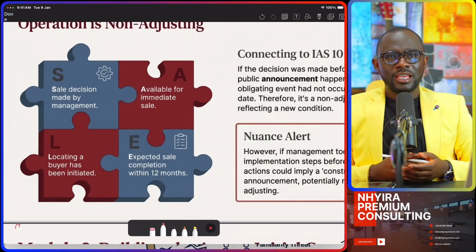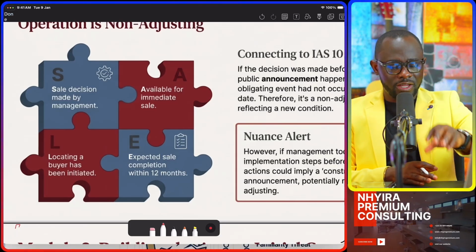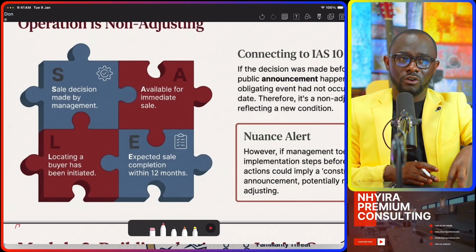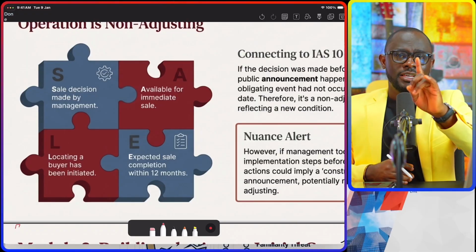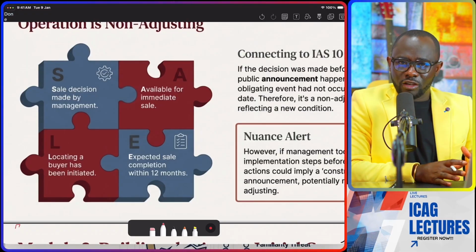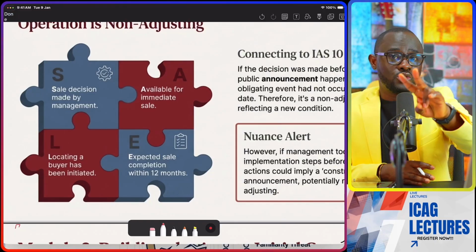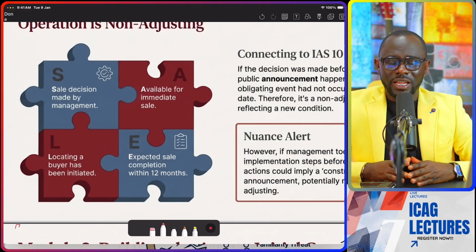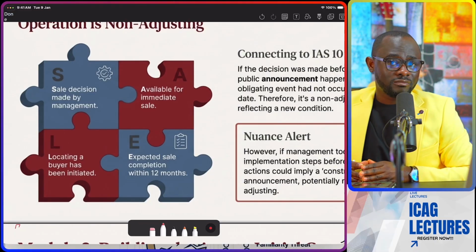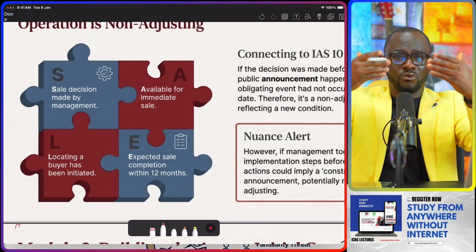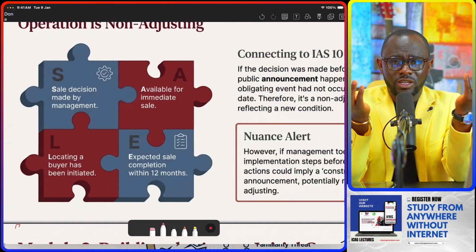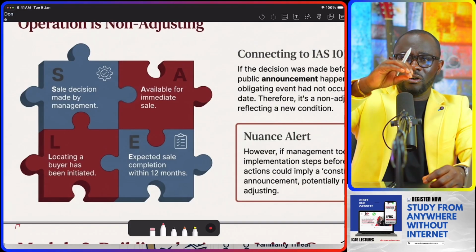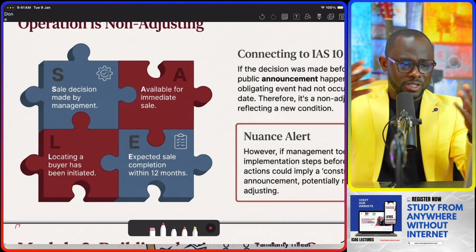Per IAS 37, to make a provision for a discontinued operation, number one, there must be a detailed plan for the discontinued operation. Number two, management must make an announcement or raise an expectation of the discontinued operation in respect of people who are expected to be affected.